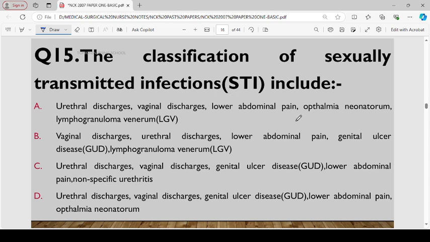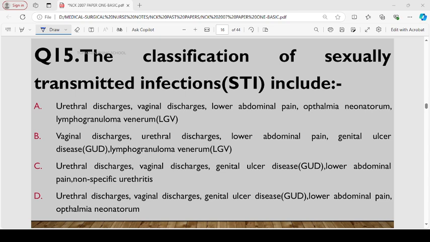The classification of sexually transmitted infections include, you have option A up to D. All right, if you look at urethral discharges, vaginal discharges, lower abdominal pain, ophthalmia neonatorum, and lymphogranuloma venereum, the LGV.